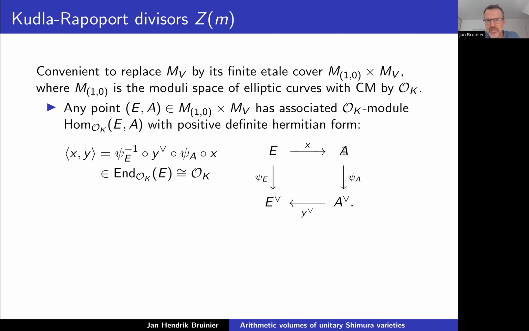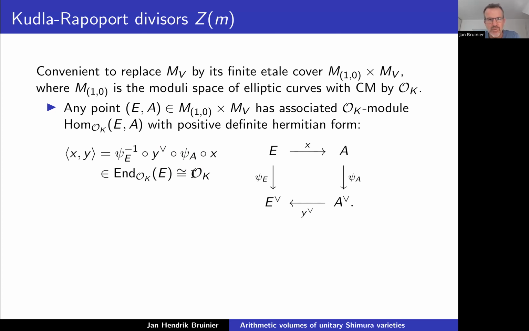On the other hand, from A dual to E dual, we have the dual of the homomorphism y. So we can go from E to A dual, to E dual, and then we can take the inverse of the principal polarization on the elliptic curve to come back to E. And this composition defines an OK-linear endomorphism of the elliptic curve E. And these OK-linear endomorphisms are just given by OK.